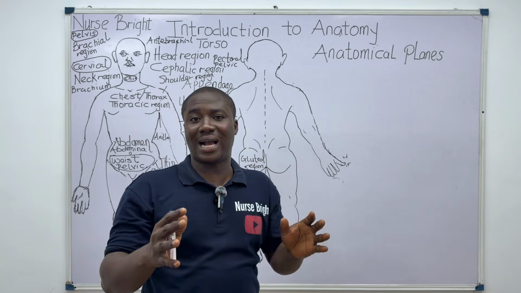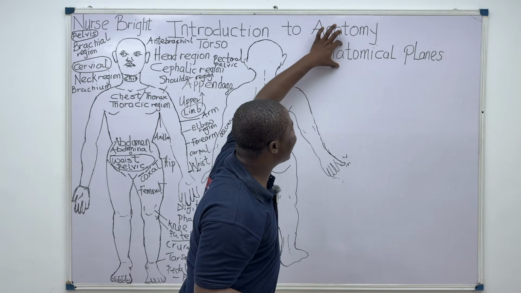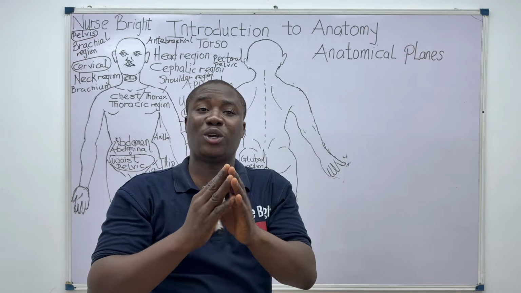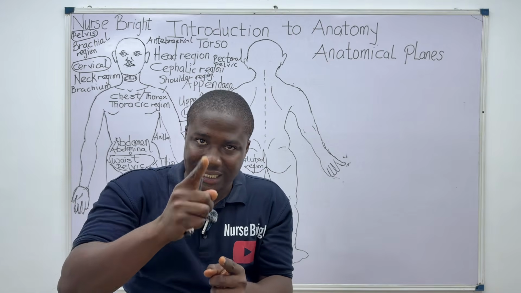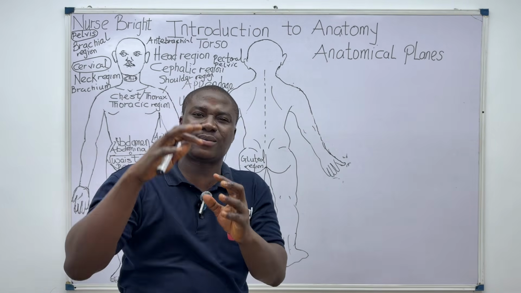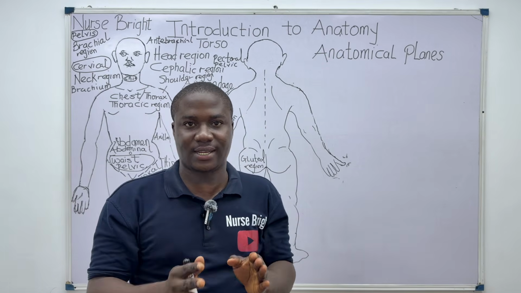Now, the question we ask ourselves, why is the study of anatomical planes very important? Because it is so vital. So that is why you have to understand what anatomical planes are all about. And I'm going to explain why the study of anatomical planes is very essential.